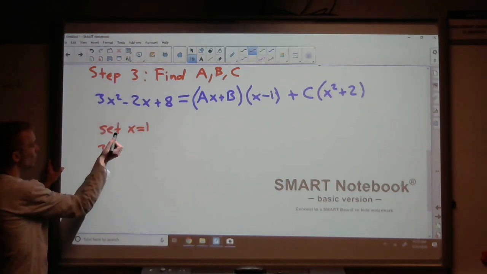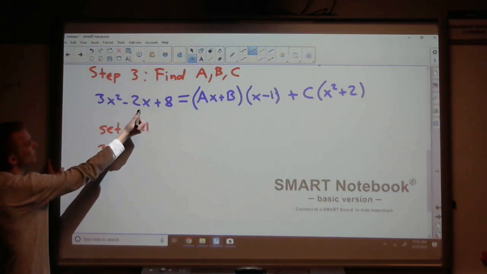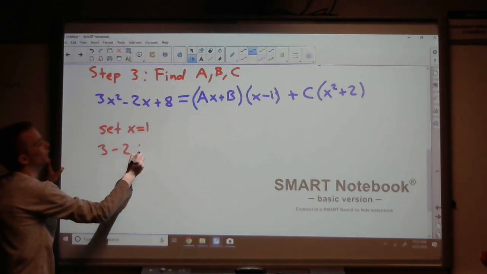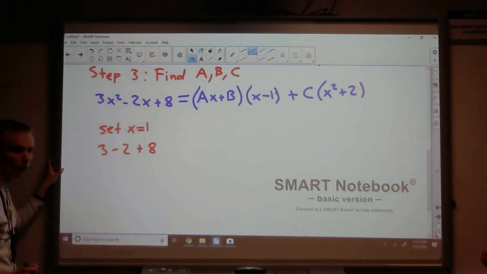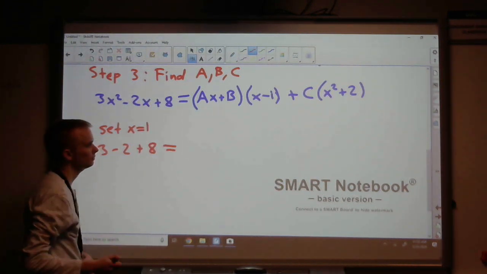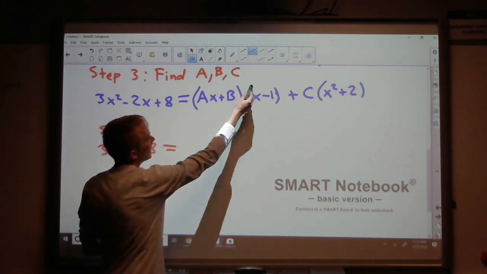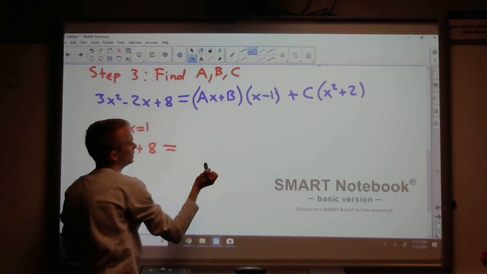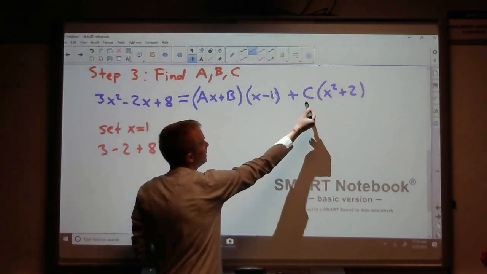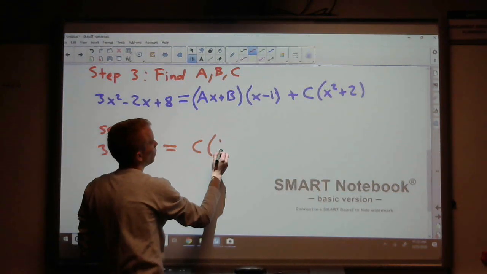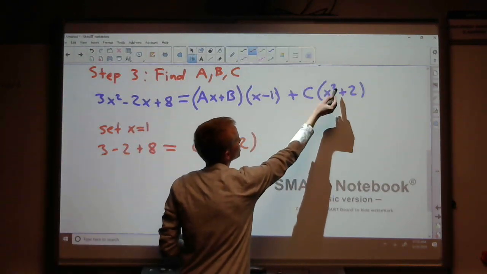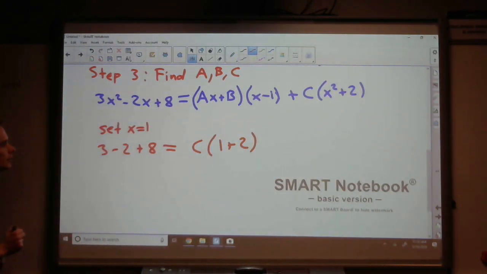We get 3 minus 2 plus 8, just plugging in 1 for x. When I plug in 1 for x here, this all cancels. It's all 0. And we just get c times 1 squared plus 2, or plus 2.